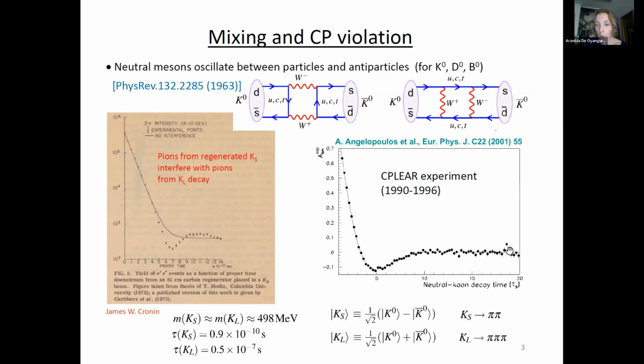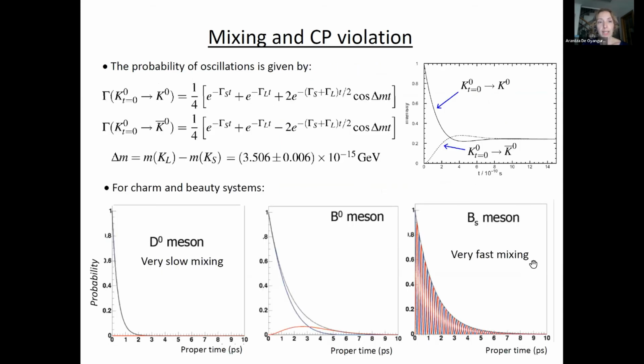And we know very well this phenomenology for the oscillations of kaons. And I think you have been explained the probability for a neutral kaon to keep being a K0 or to become a K bar.